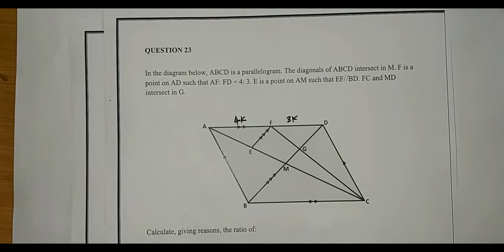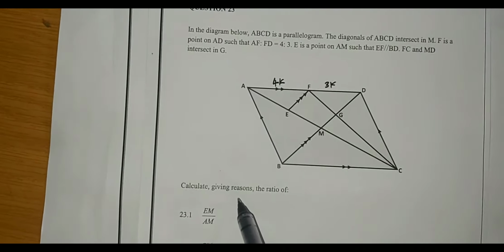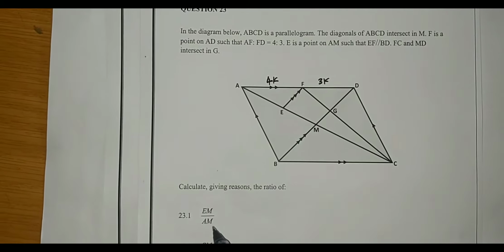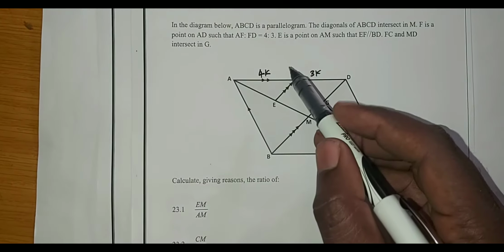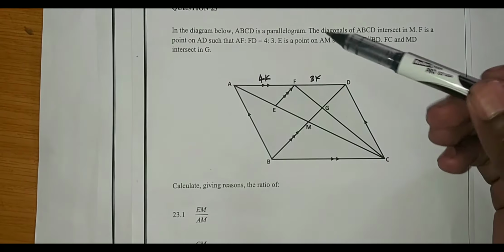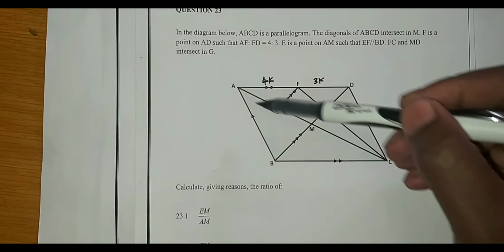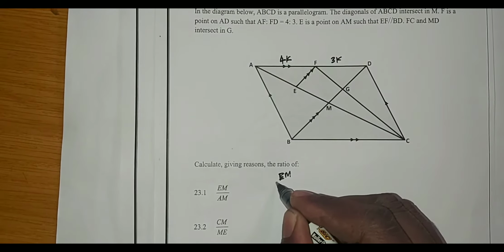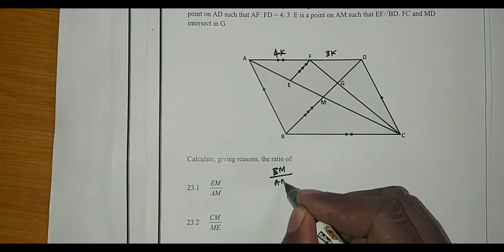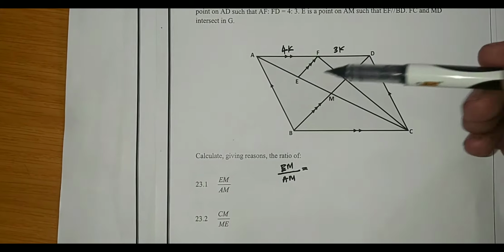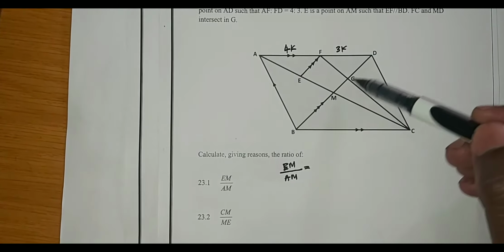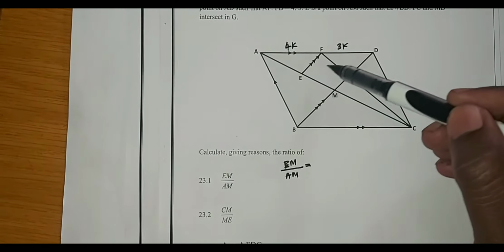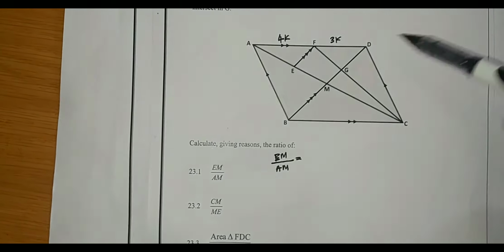Then the first question is saying, calculate, giving reasons, the ratio of EM is to AM. So as we work it out, can you see that here we have EM is to AM. So as we do our solution, EM over AM is equal to, can you see we are going to make use of this triangle, and proportional division works because this is parallel to this.